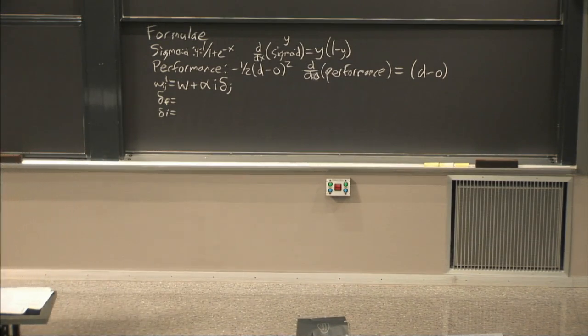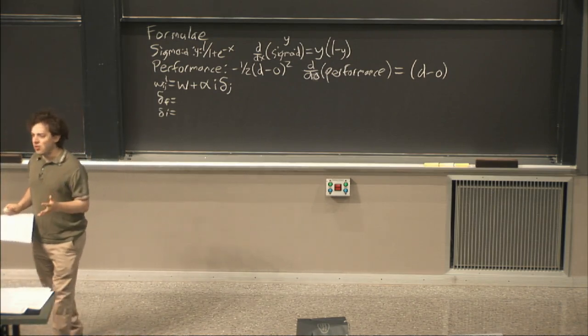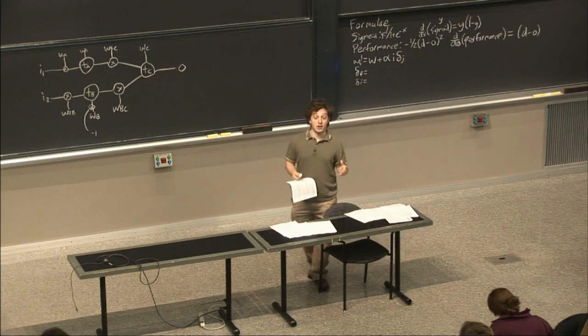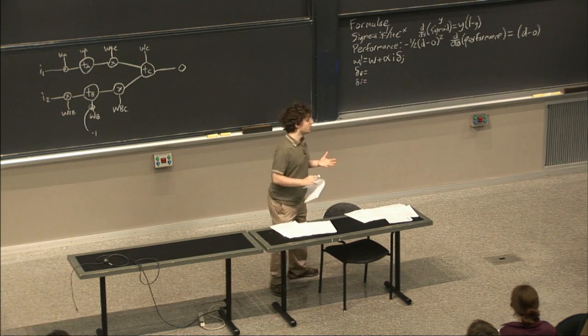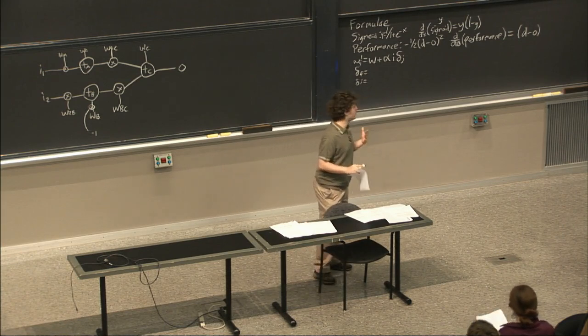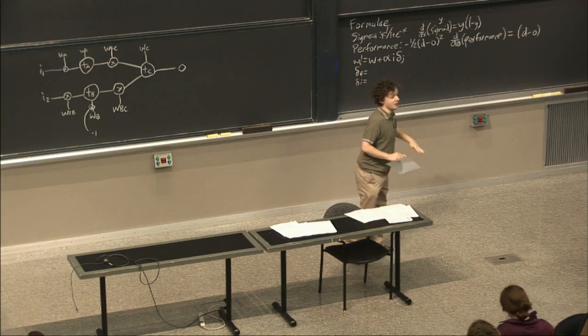And the way they do that is by taking the partial derivative of, basically you try to figure out how the weight that you're currently looking at is contributing to the performance of the net, contributing to either the good performance of the net or the bad performance of the net.